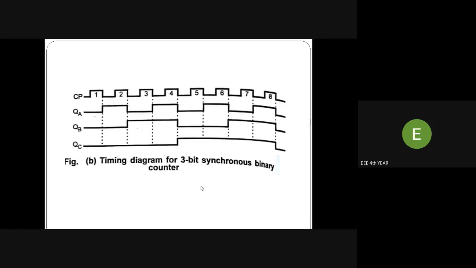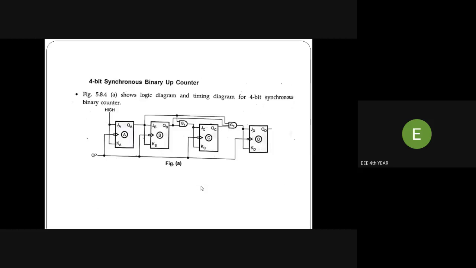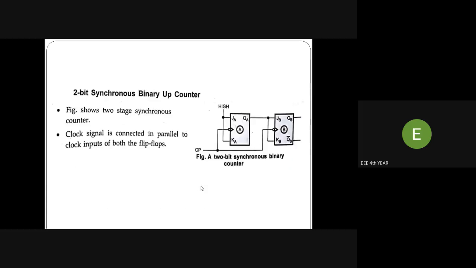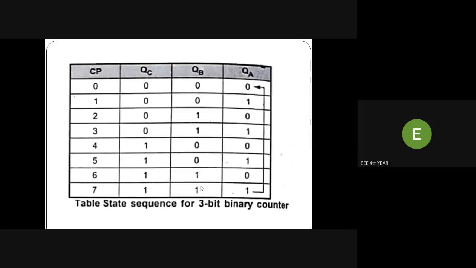This is the timing diagram of a 3-bit synchronous counter. If we need a 3-bit synchronous counter from the 2-bit one, an additional flip-flop JC, KC is added. Flip-flop C is added in parallel next to the B flip-flop. Therefore, in the table sequence for the 3-bit synchronous counter, when clock pulse 0 is applied, QC, QB, QA value is equal to 0, 0, 0.